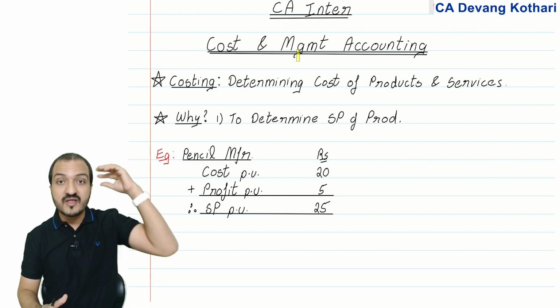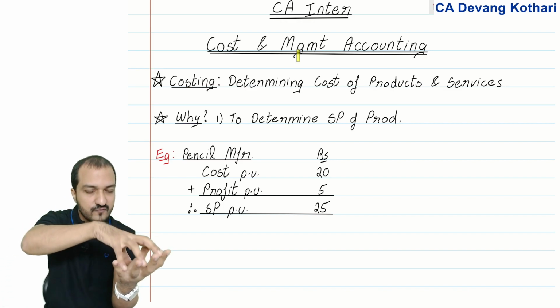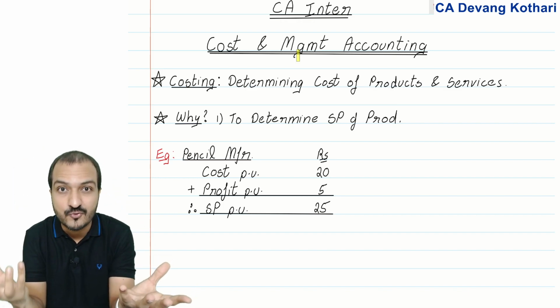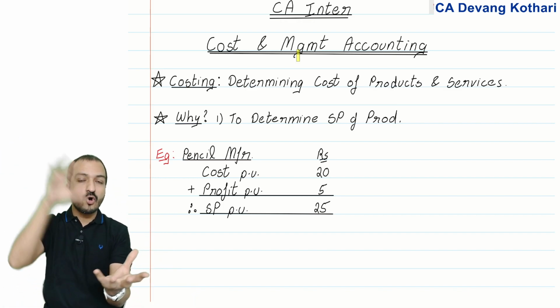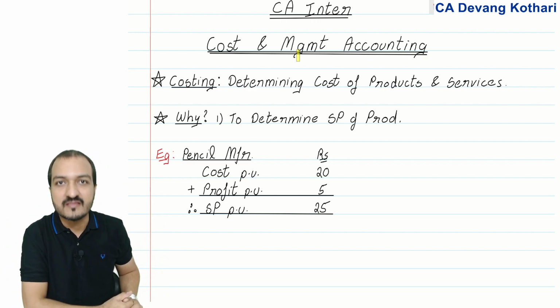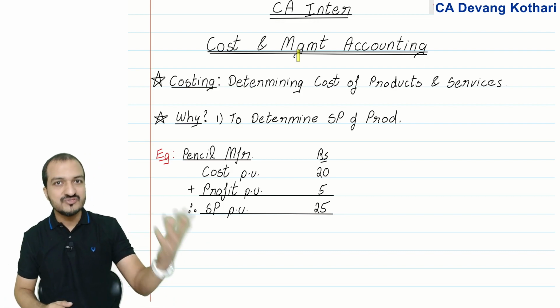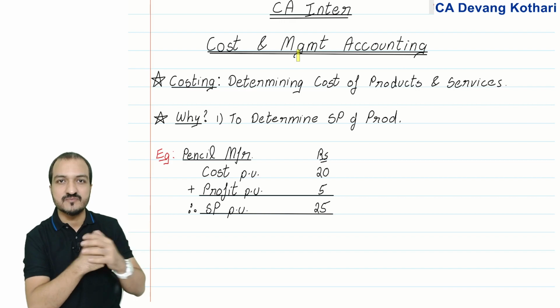Every point of time accounting comes to your mind. Well, for my subject, I need to remove that accounting mindset from you, and I need to put the costing mindset in your brains. And that's why I'm asking you this question: how is your accounting subject different from this costing subject?